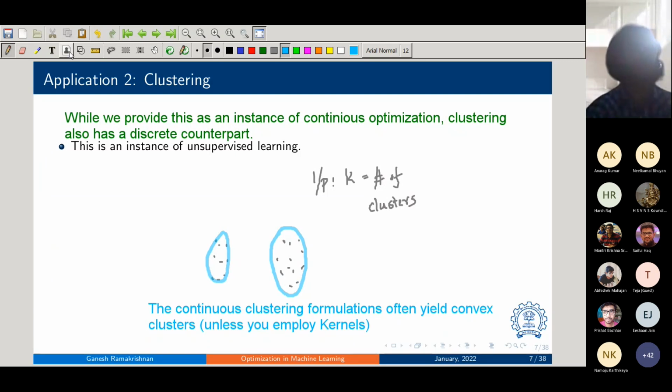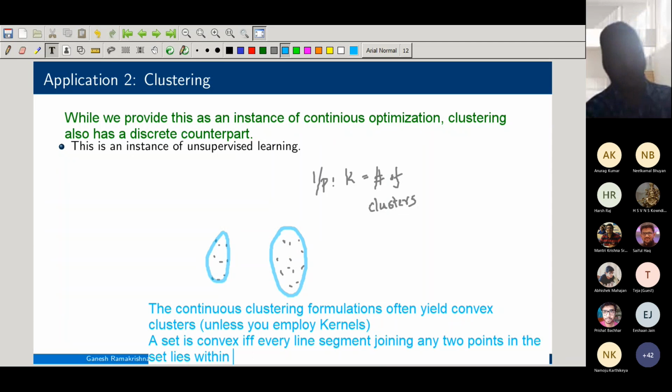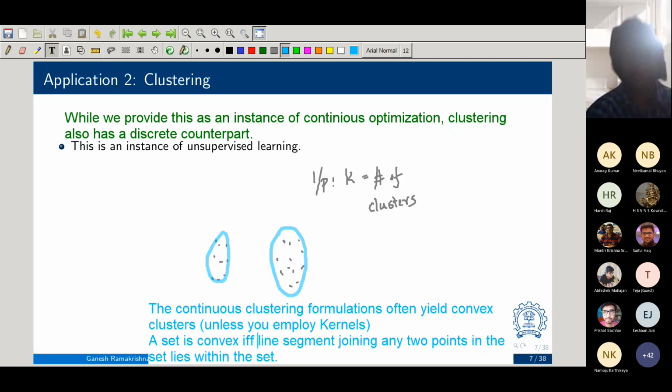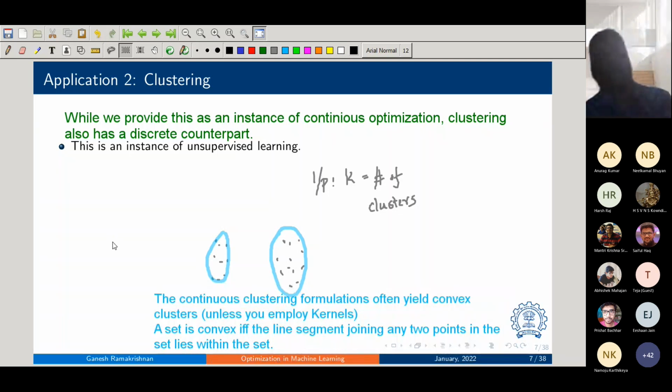A set is convex if and only if every line segment joining any 2 points in the set lies within the set. So for the time being, we'll restrict our attention to continuous formulations, which will typically yield you convex clusters.